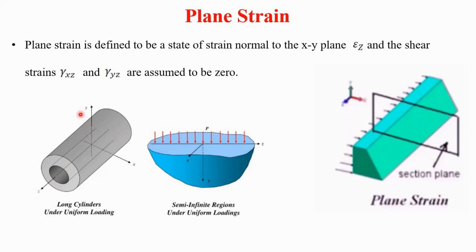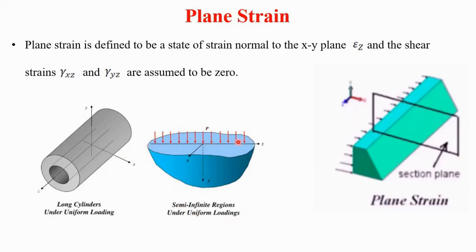Some strain is there along the x and y axes, but along the z direction it is assumed to be 0. Similarly here, constant uniform loading is there throughout the length of this semi-infinite region, but the strain along the perpendicular direction, along the z axis, is 0 here.